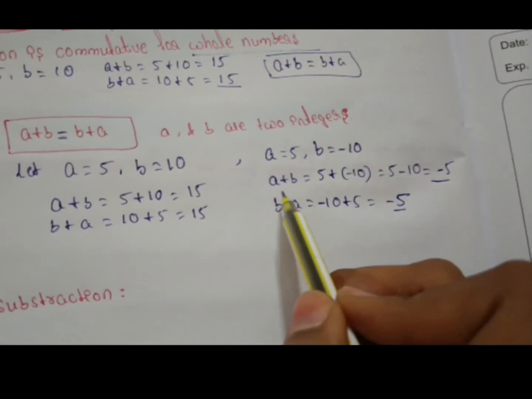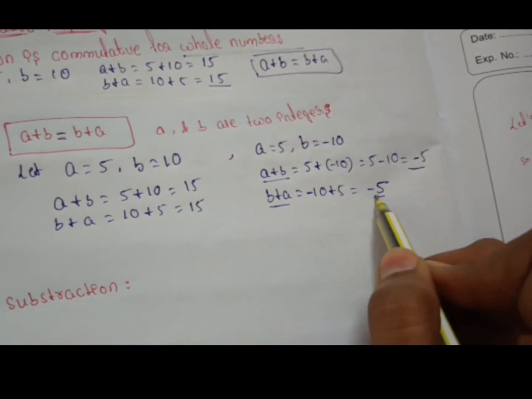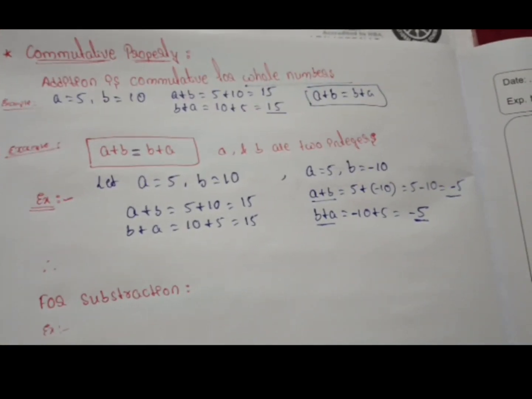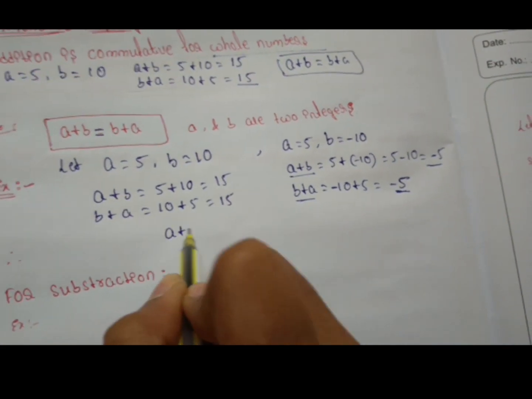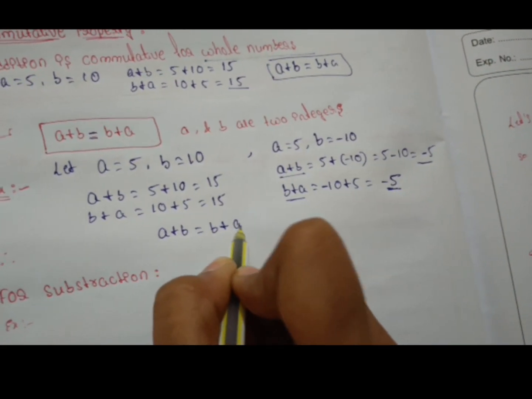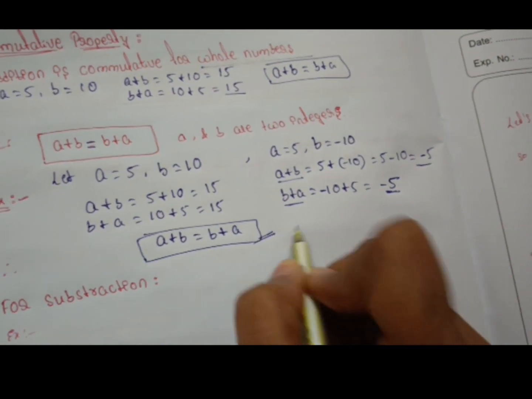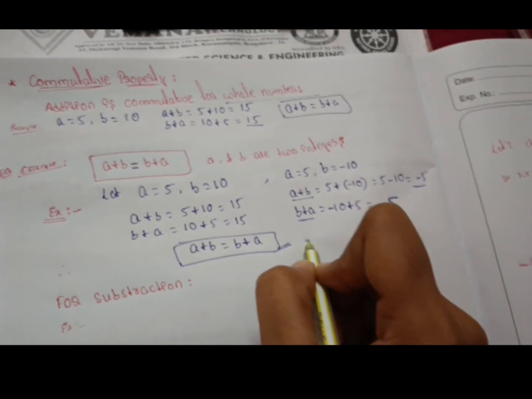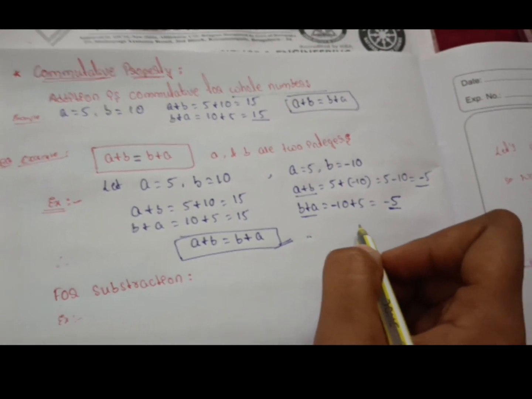See, observe here, a plus b is minus 5, b plus a is also minus 5. So we can say that addition is commutative for integers. Here we conclude that a plus b is equal to b plus a. So this property is satisfied for integers.